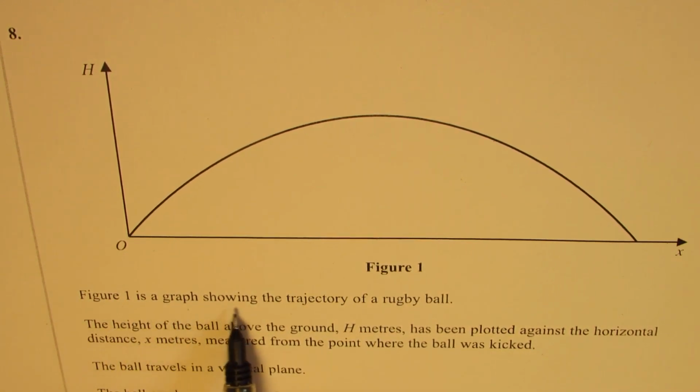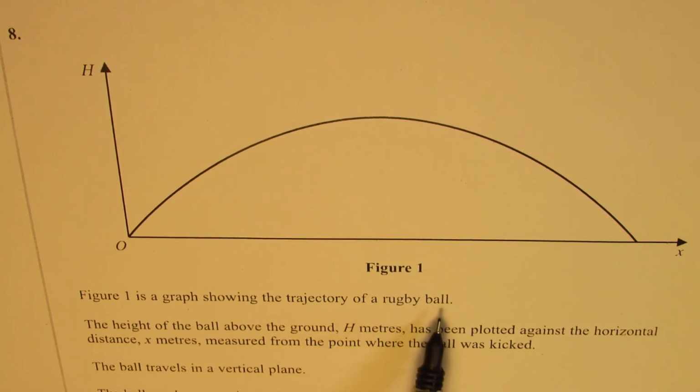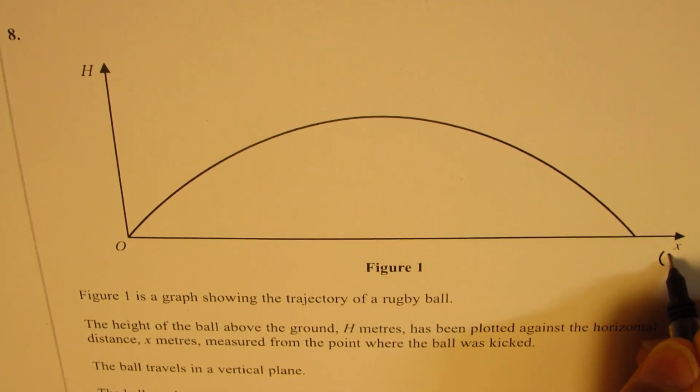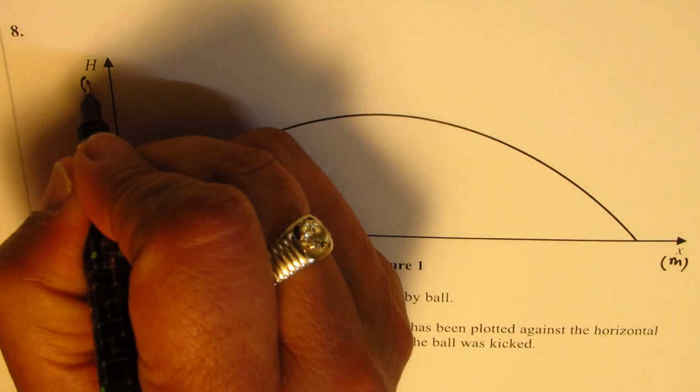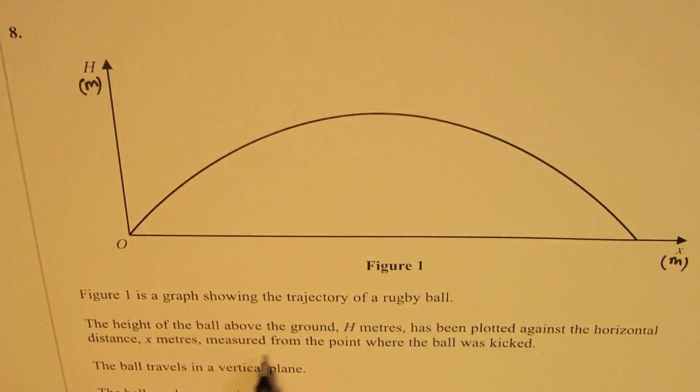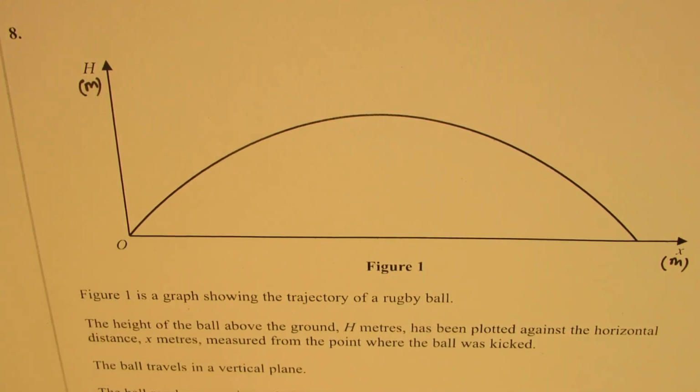Figure 1 is a graph showing a trajectory of a rugby ball. The height of the ball above the ground, h meters, has been plotted against the horizontal distance x in meters, measured from the point where the ball was kicked. The ball travels in a vertical plane.